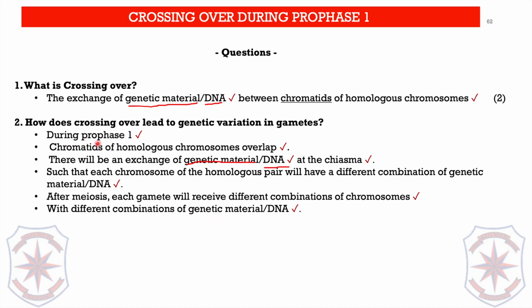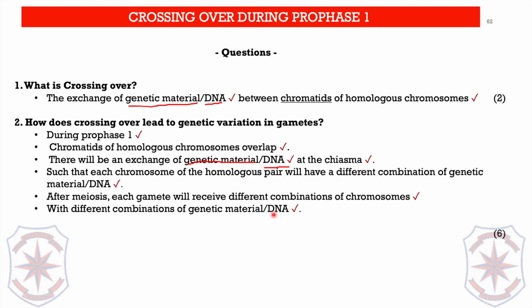So during prophase 1, chromatids of homologous chromosomes overlap. There will be an exchange of genetic material at the chiasma, such that each chromosome of the homologous pair will have a different combination of genetic material. After meiosis, each gamete will receive different combinations of chromosomes with different combinations of genes. No, not genes, genetic material.